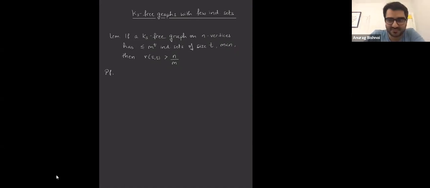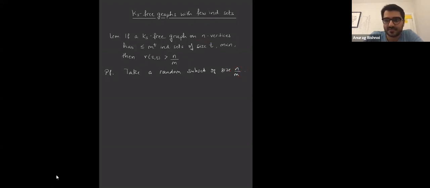So the proof, as some of you might guess, is to take a random subset of size n over m. On this graph, which has n vertices, just pick n over m vertices uniformly at random.